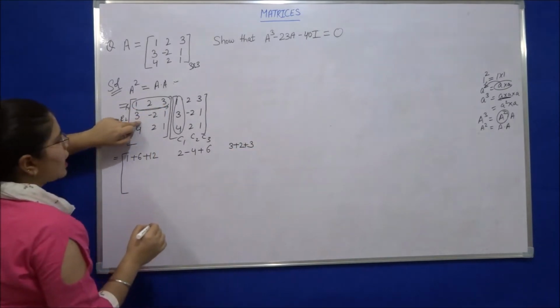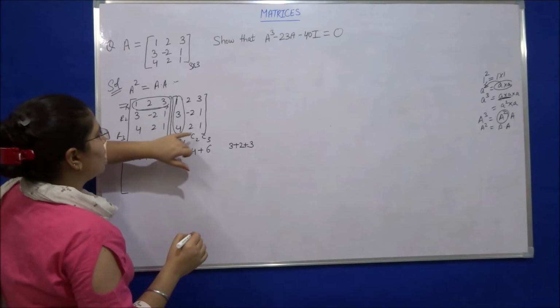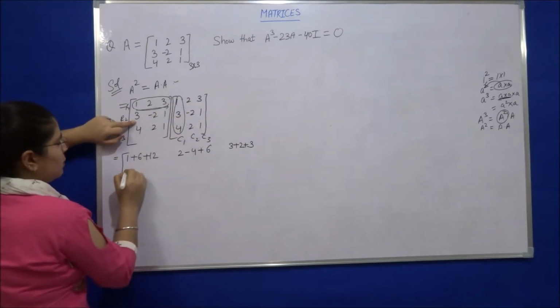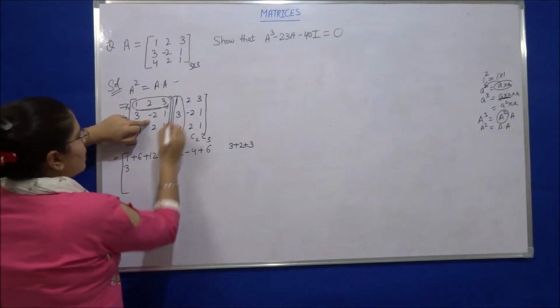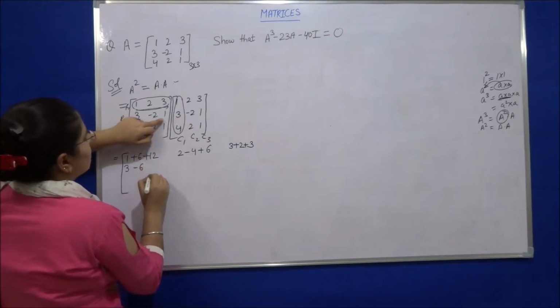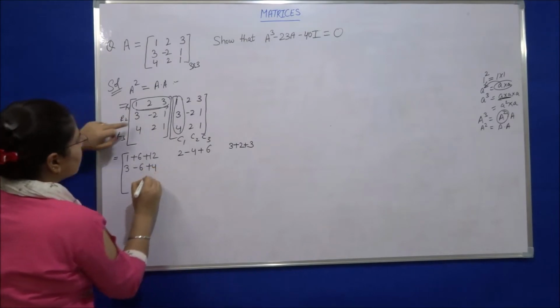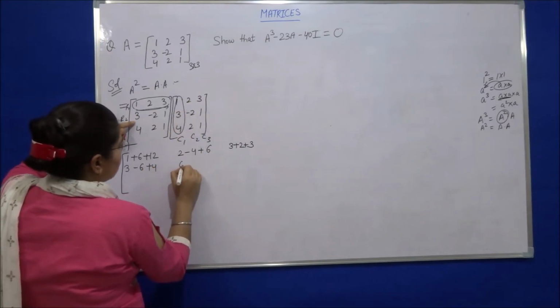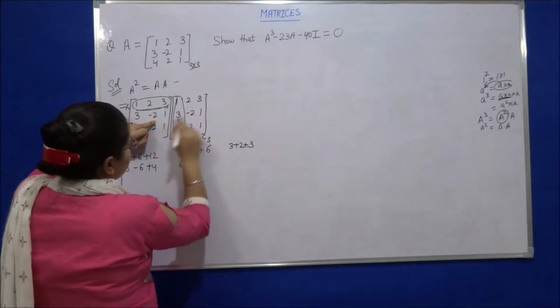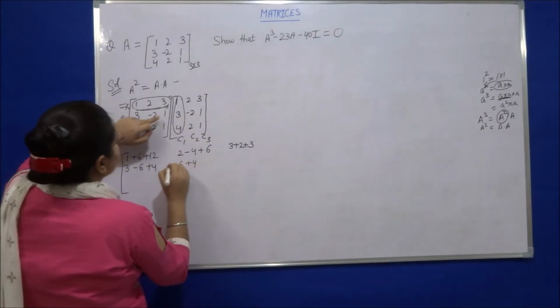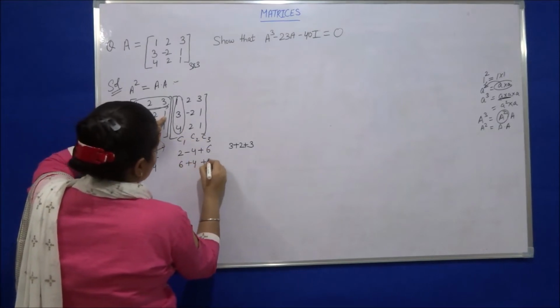Now R2 will be multiplied with column 1, column 2 and column 3 respectively. So 3 into 1 will be 3, 2 multiplied by 3 is minus 6, 1 multiplied by 4 is 4, 3 multiplied by 2 is 6, minus 2 multiplied by minus 2 will be plus 4, 1 multiplied by 2 is 2.